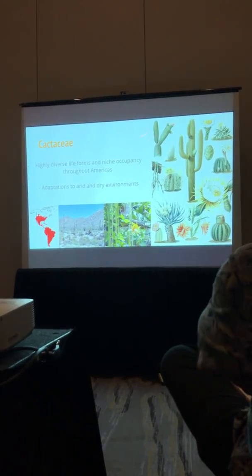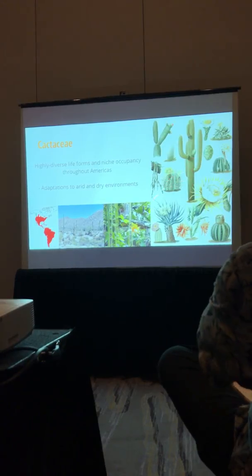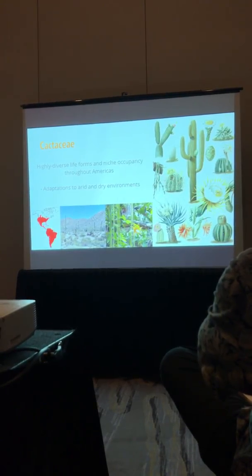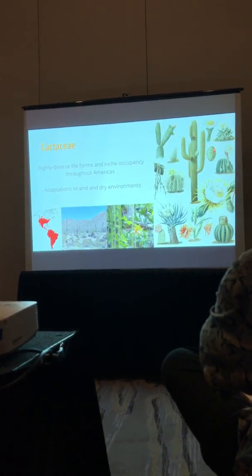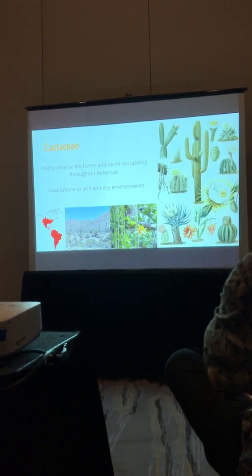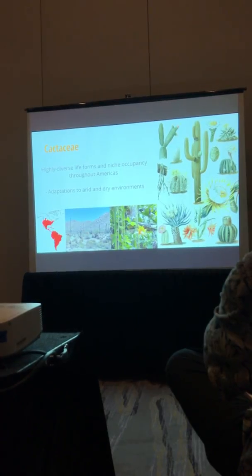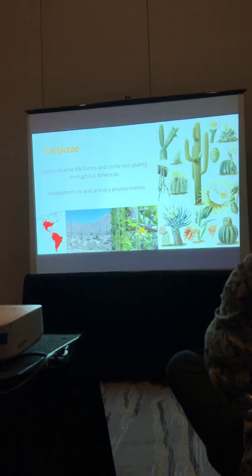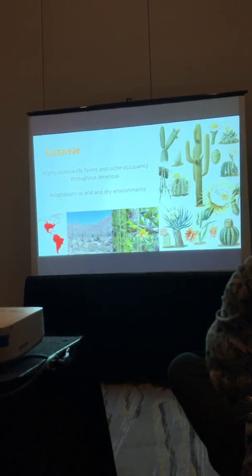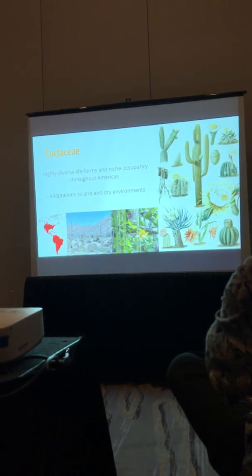You can see columnar cacti, barrel cacti, epiphytic cacti, creeping to erect shrubs, and all these highly diverse life forms are also adaptations to survive in arid and dry regions across all the Americas. So we have cacti as conspicuous elements of the arid regions of North, Central, and South America.